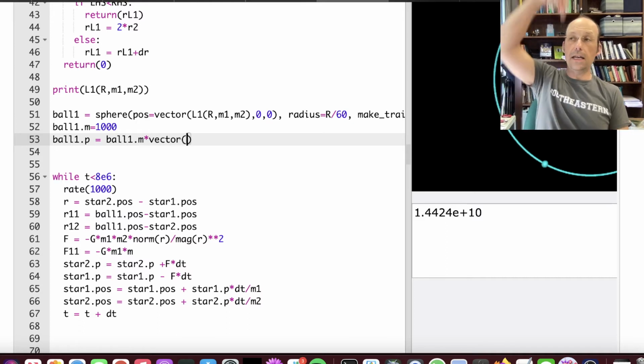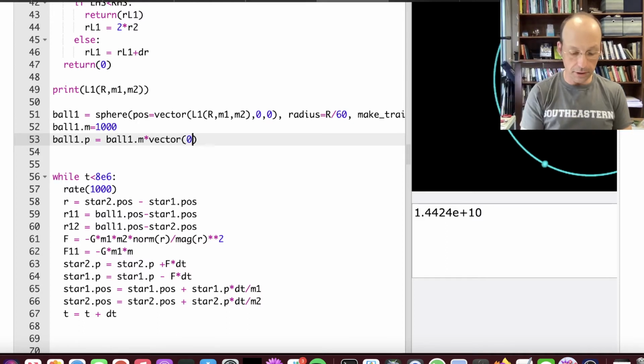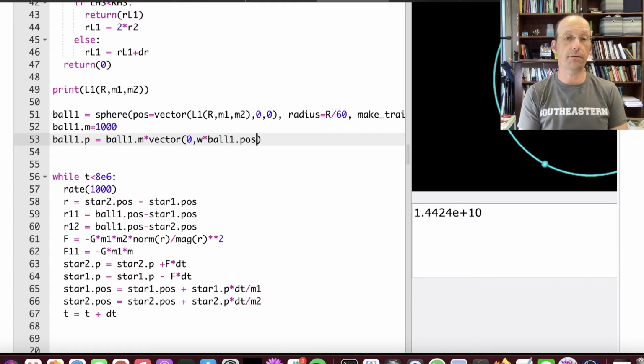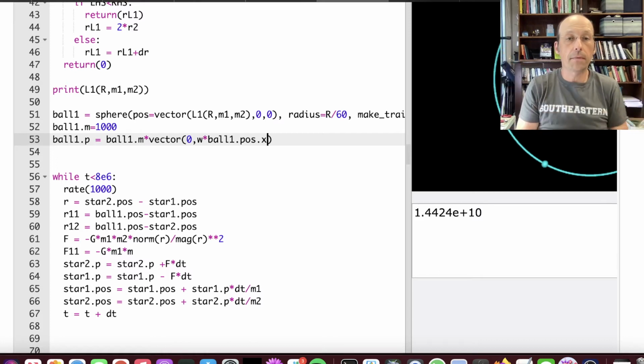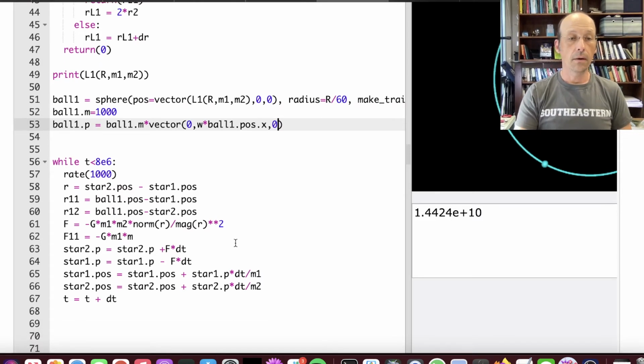It's going to be moving in the negative y direction, so it'll be 0 and then omega times ball 1 dot POS dot X. Because that's the X coordinate, the value of L1 or RL1, and then 0. So now it does have momentum. It has to start moving with the right angular velocity, and that would give it the right angular velocity.